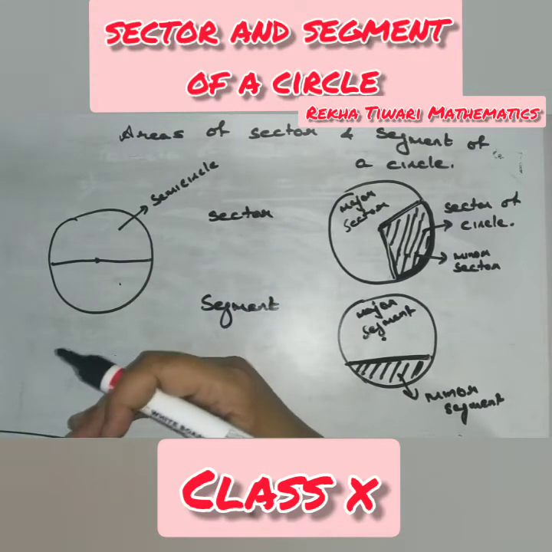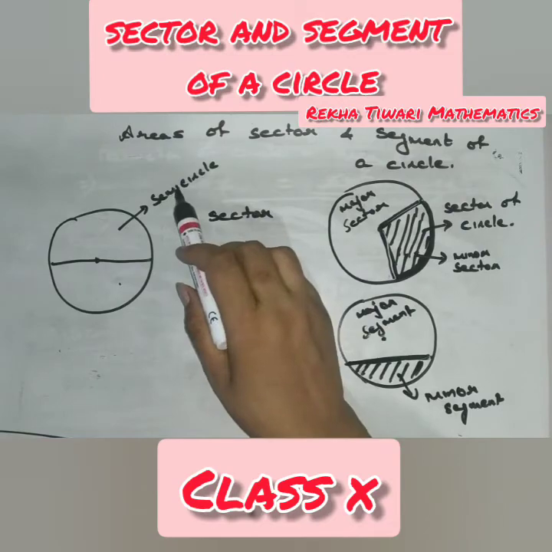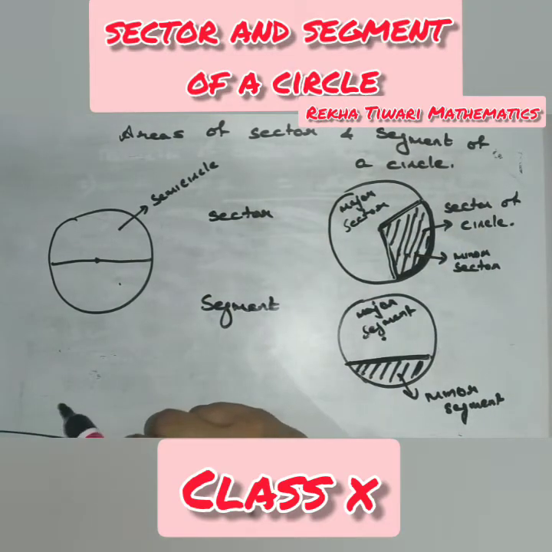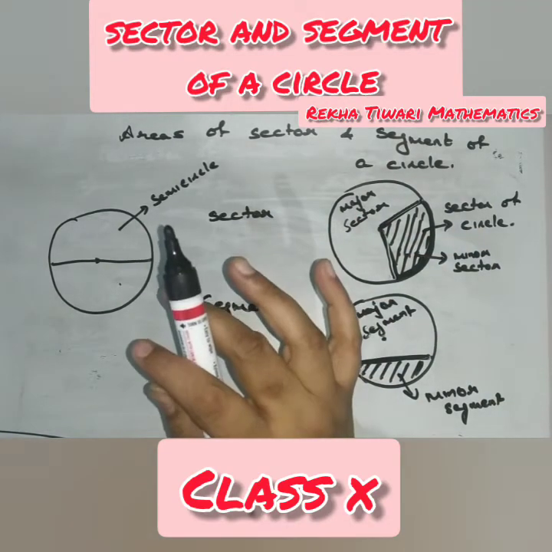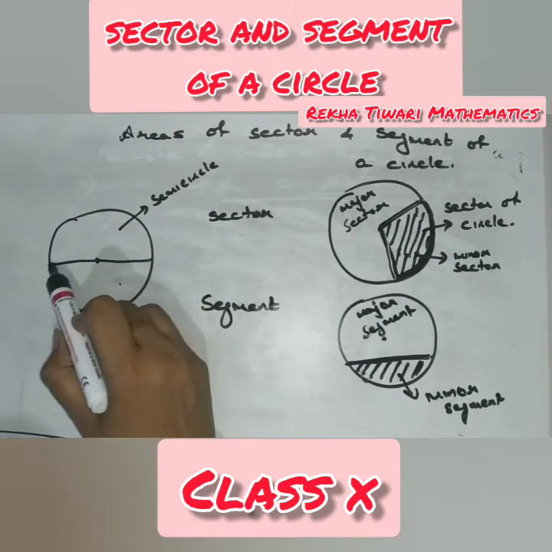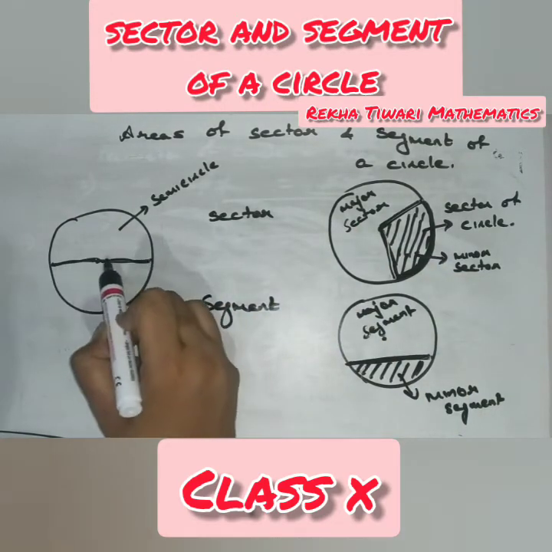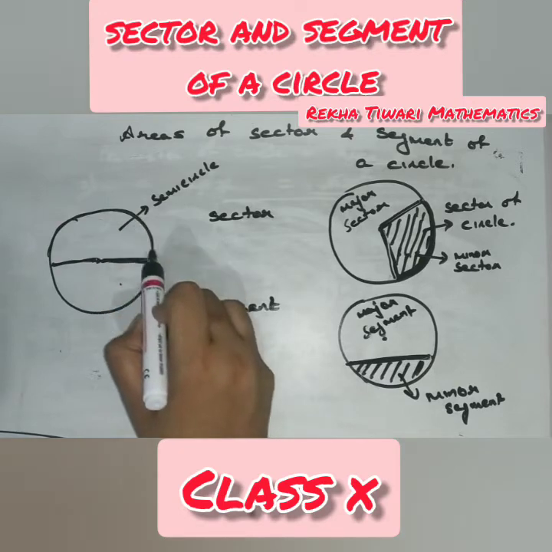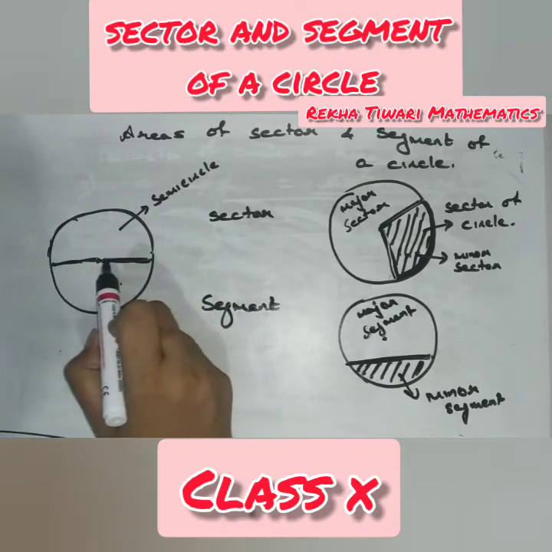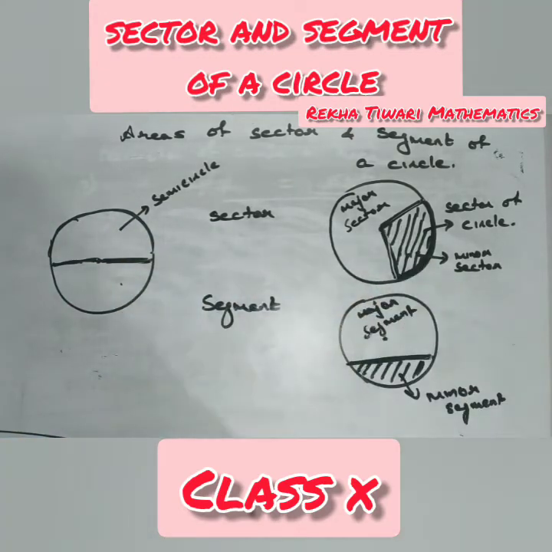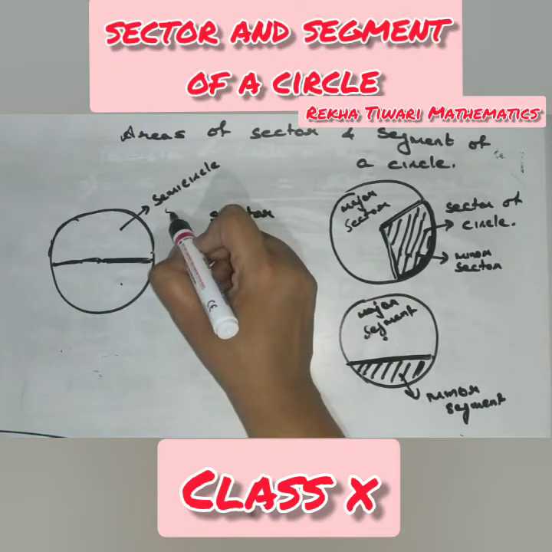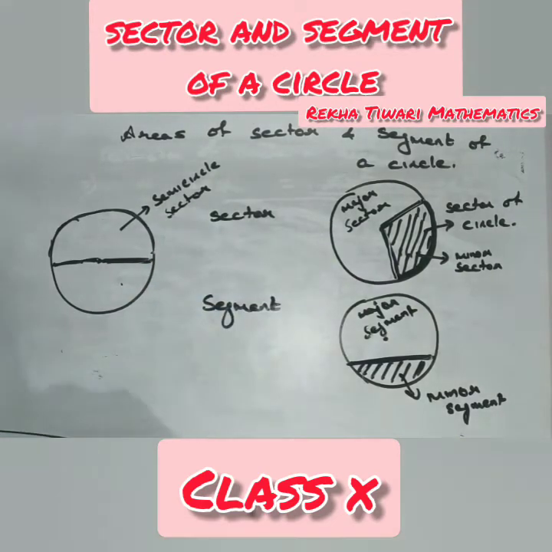And hence they are called the semicircle. Could you call this semicircle as the sector? Yes. See? Two radii are there and this is the arc. And the region bounded between two radii and the arc is called the sector. So this is sector also. This is called semicircle. This is called sector.